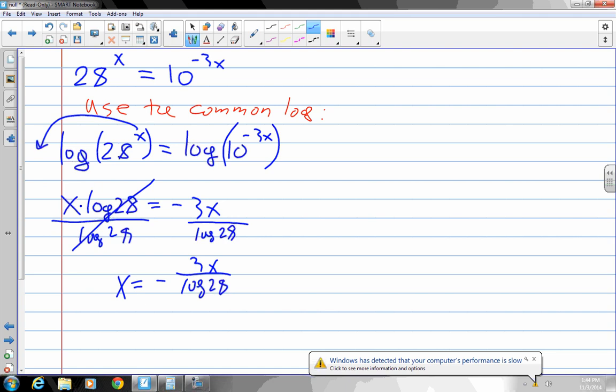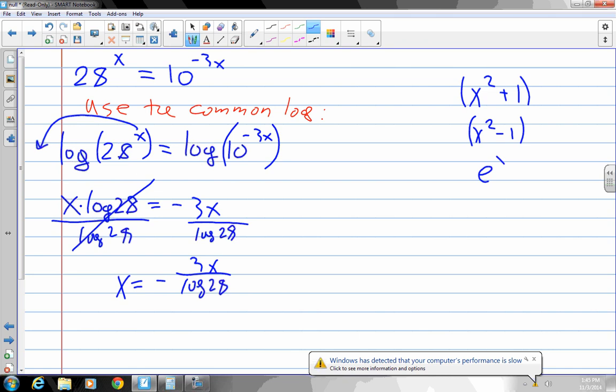So things that you can divide both sides of the equation by: this can never equal 0. Do you agree with that? It's just something positive plus 1. That's definitely not 0, so it's okay to divide by that. It's not okay to divide by this, because this potentially can equal 0. If you do that, you're going to lose a whole bunch of solutions, potentially.